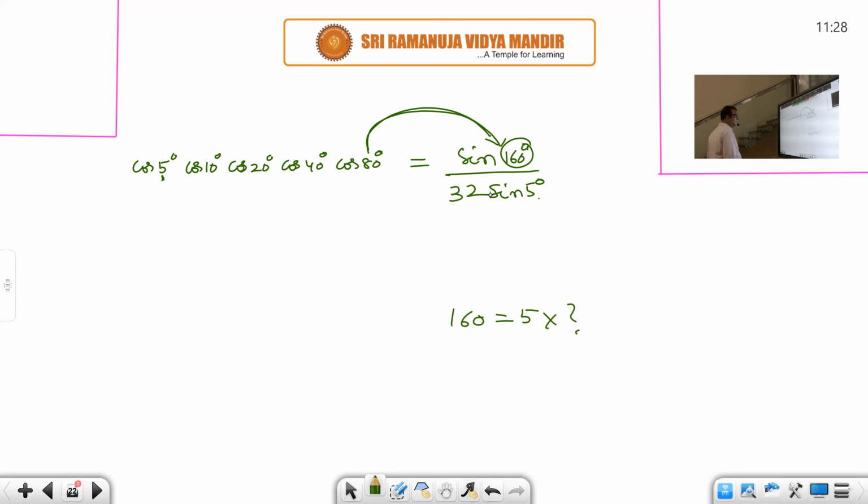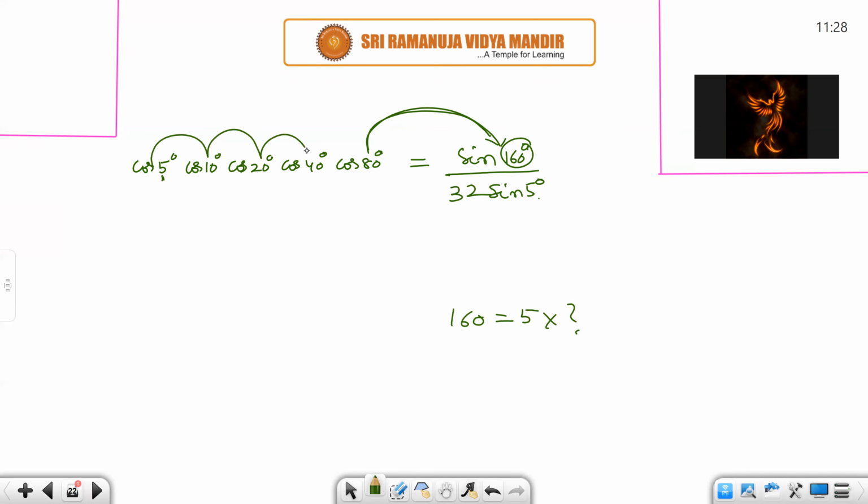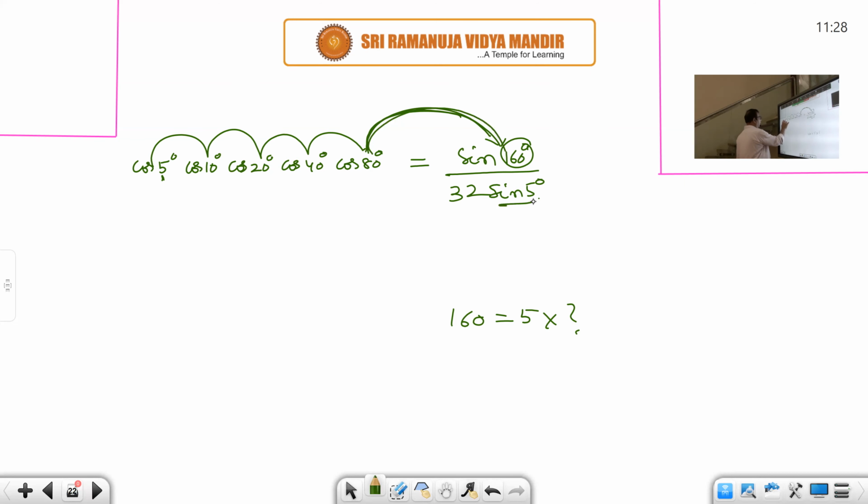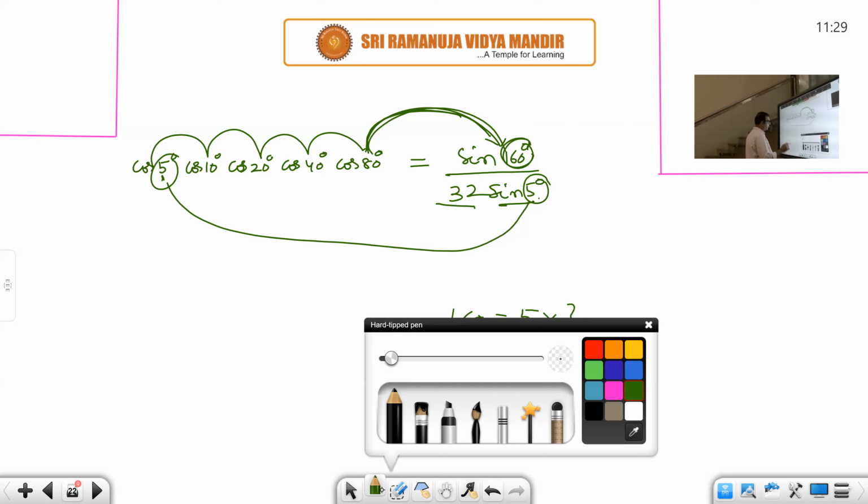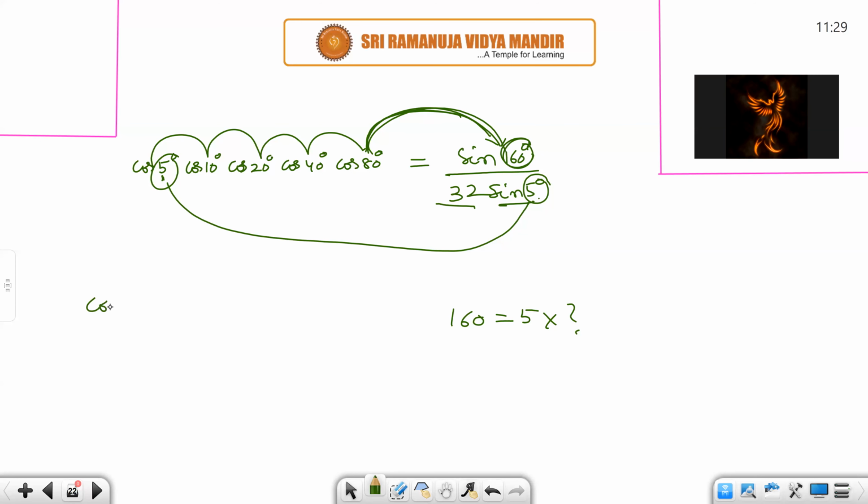Understood now? Yes, sir. 5, 10, 20, 40, 80 cos. If you stop there, it is sine of the double angle 160 divided by sine of the initial angle, and 160 by 5 will come here. Understood?